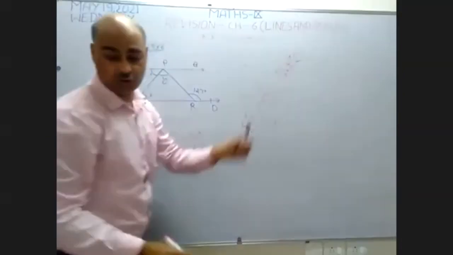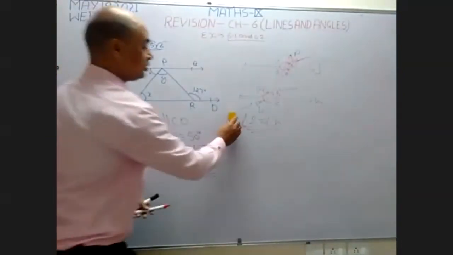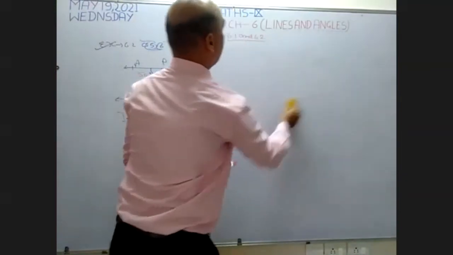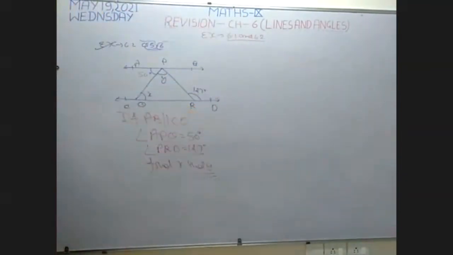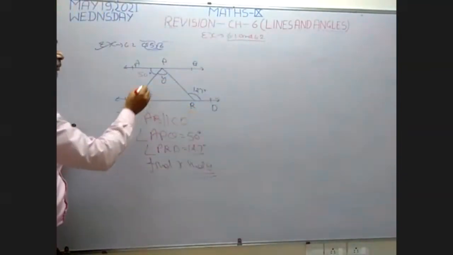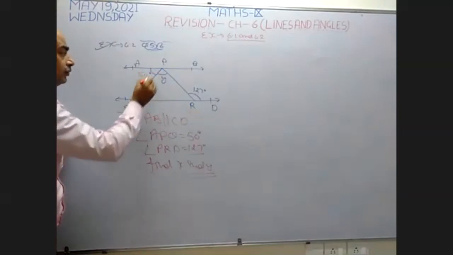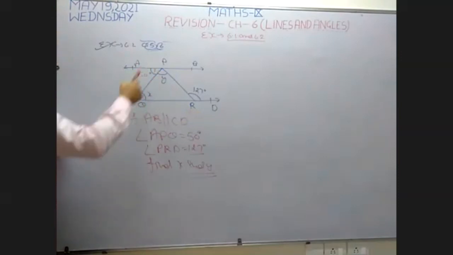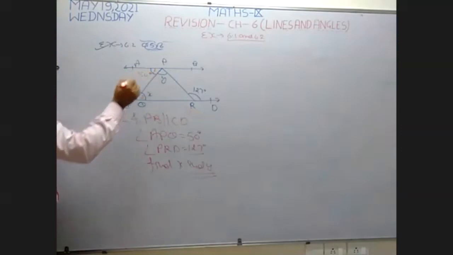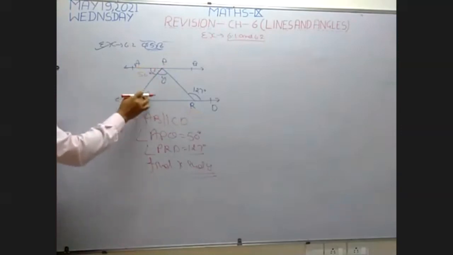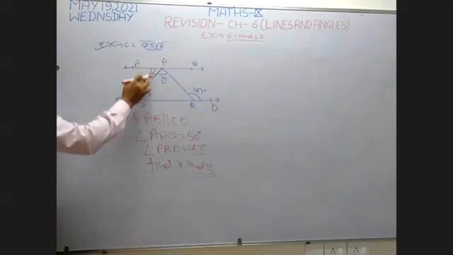Okay, I want to start this question. Since AB and CD are given parallel, what is the relation between angle 1 and angle 2? One is on the left, another on the right, and both are interior, so they make alternate interior angles.